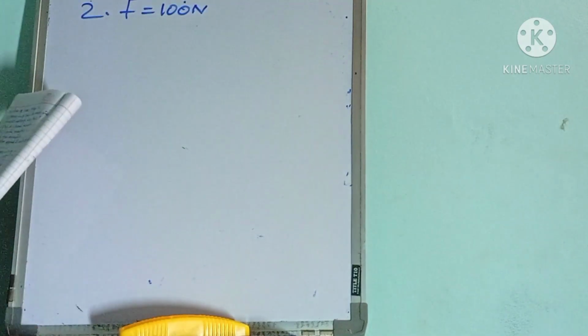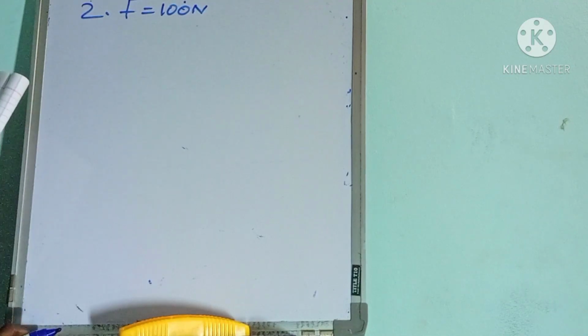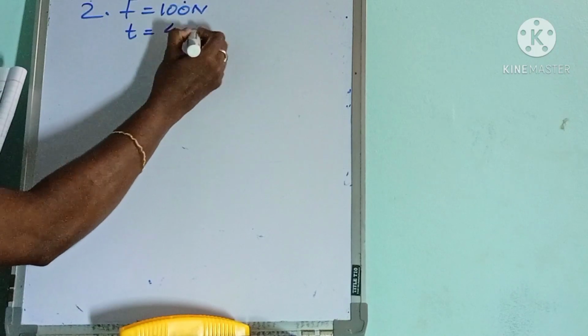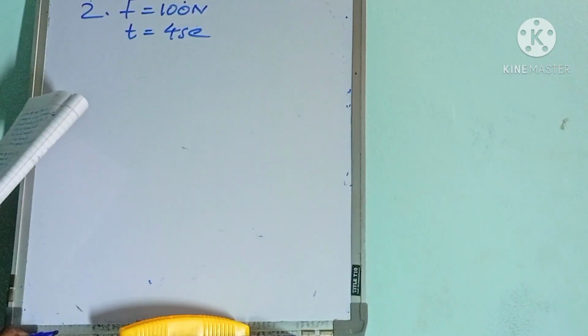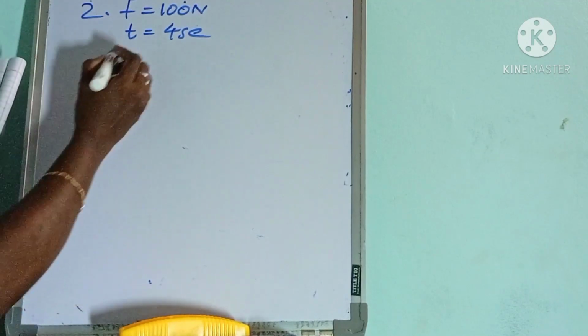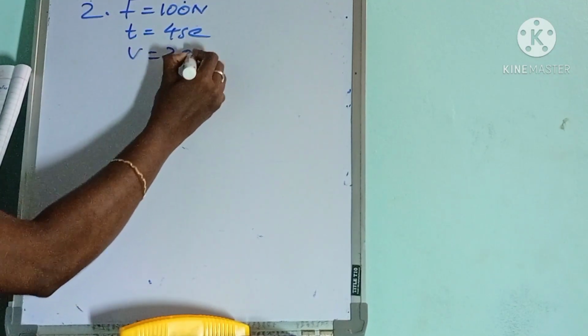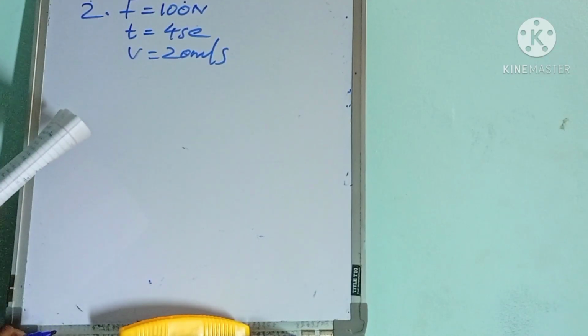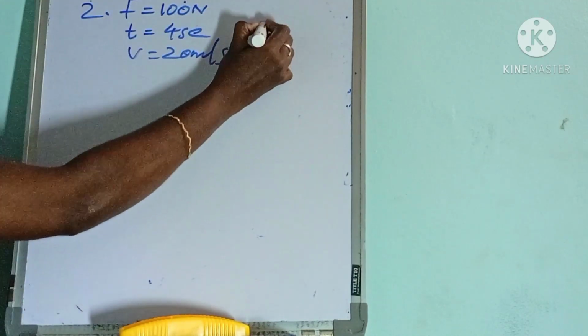The force acts for a time t is equal to 4 seconds. Due to this force, the velocity of the object is v is equal to 20 meter per second. We have to find the mass m.